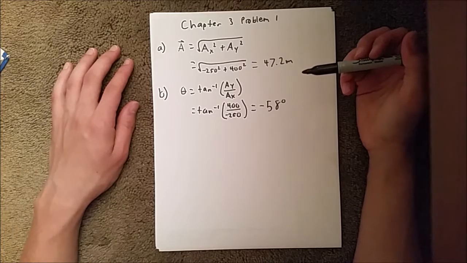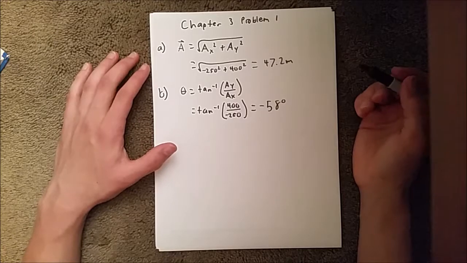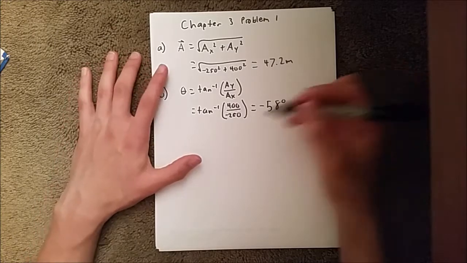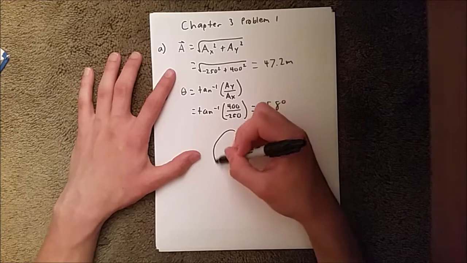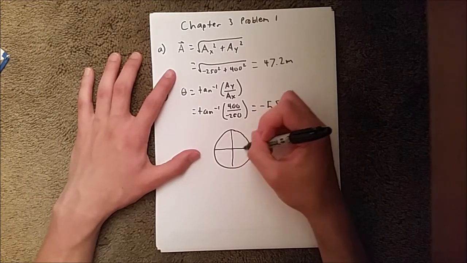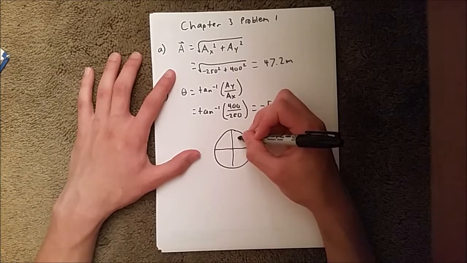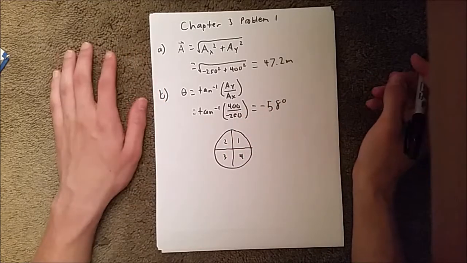So what we need to do is draw our 4 quadrants. So we have this being quadrant 1, 2, 3, and 4.